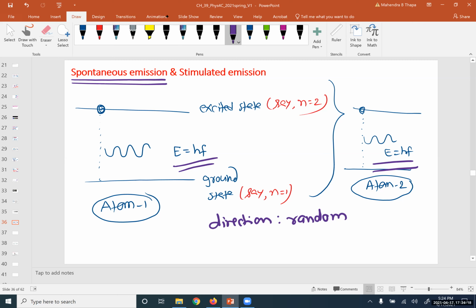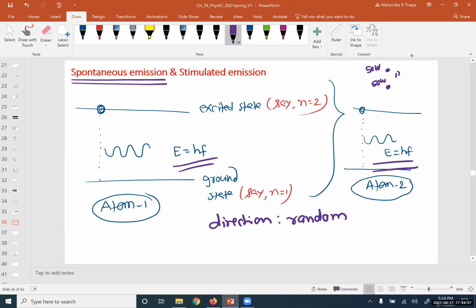For example, just as a note, say we have a 50-watt bulb, and we have another 50-watt bulb. Even though they are identical, they will not produce a coherent source.